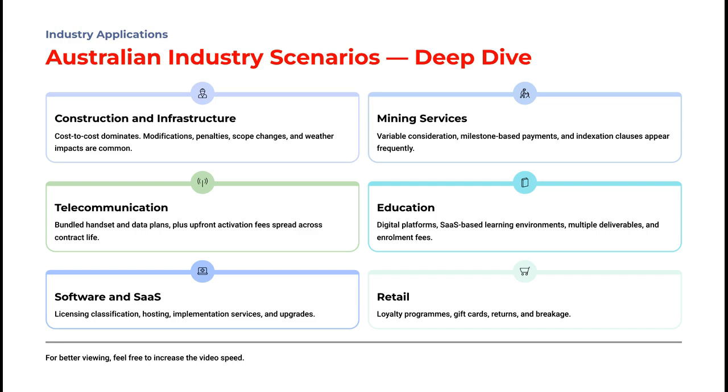Education: digital platforms, SaaS-based learning environments, multiple deliverables, and enrollment fees. Software and SaaS: licensing classification, hosting, implementation services, and upgrades. Retail: loyalty programs, gift cards, returns, and breakage.